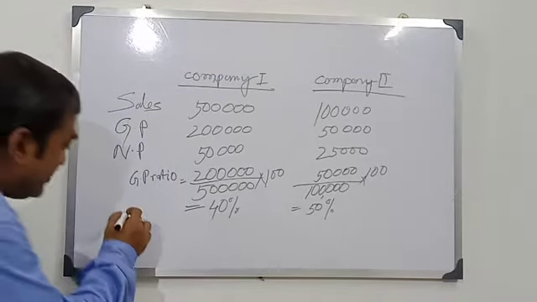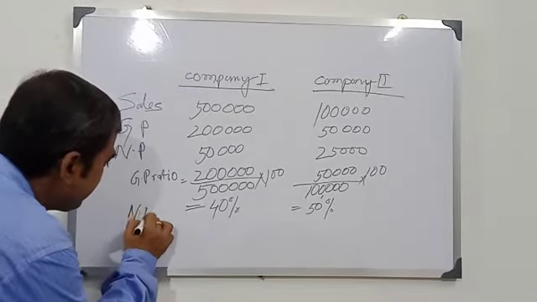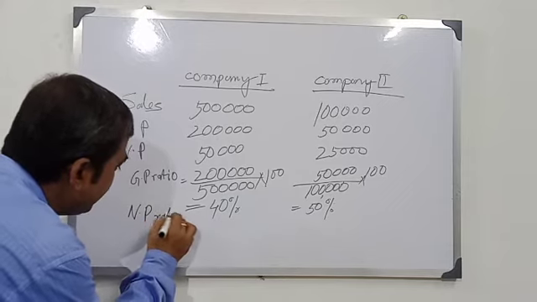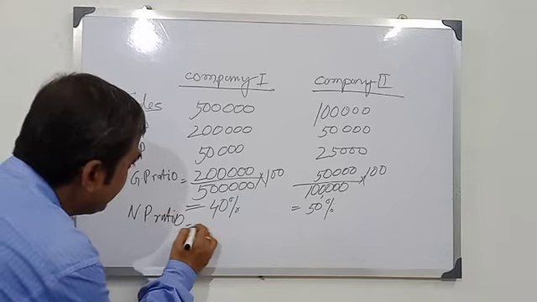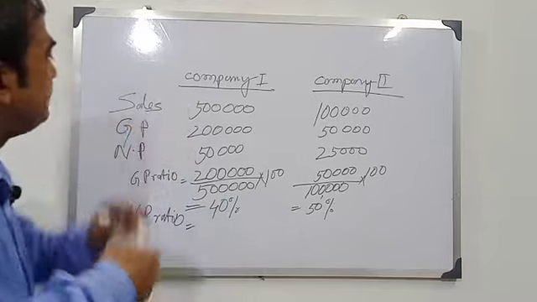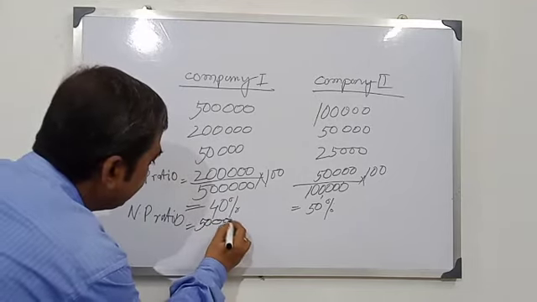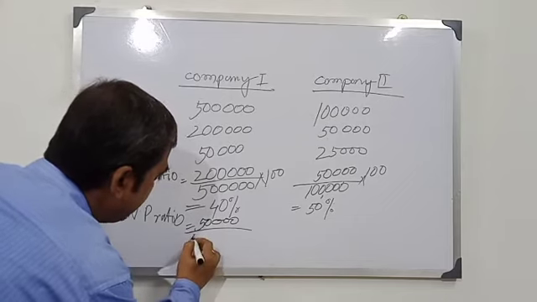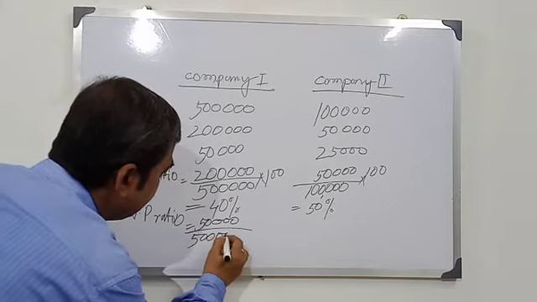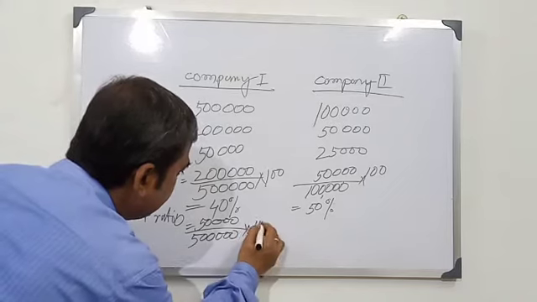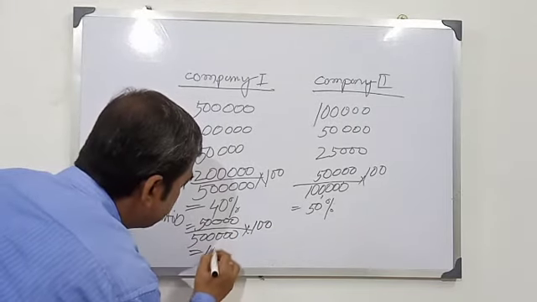Then the NP ratio: net profit by sales into 100. Net profit by sales or turnover, 5 lakhs into 100, is 10%.